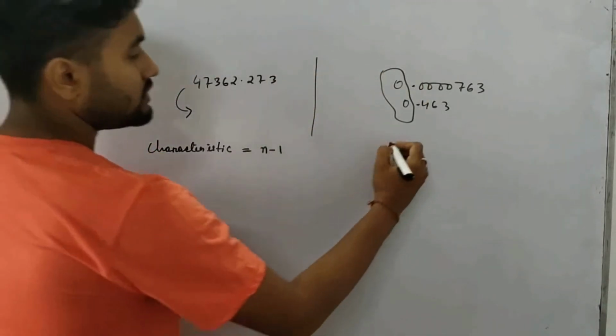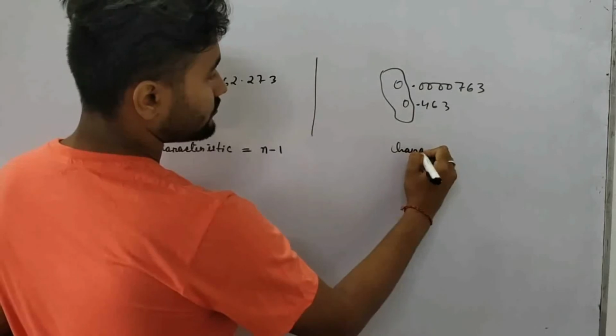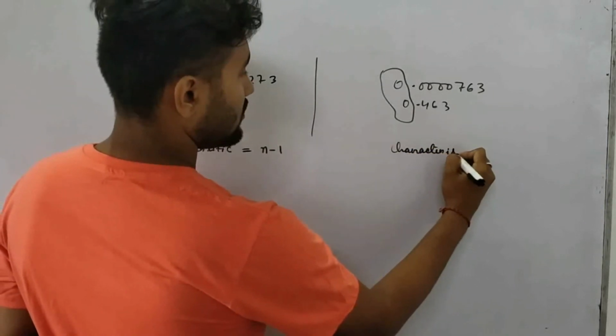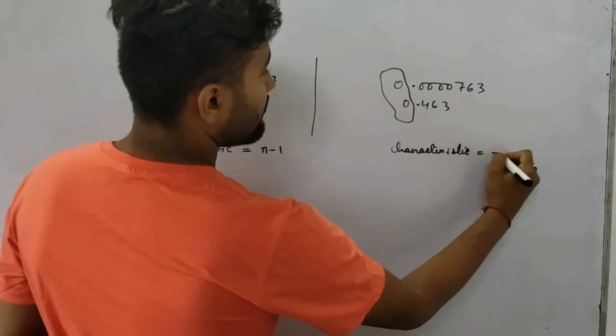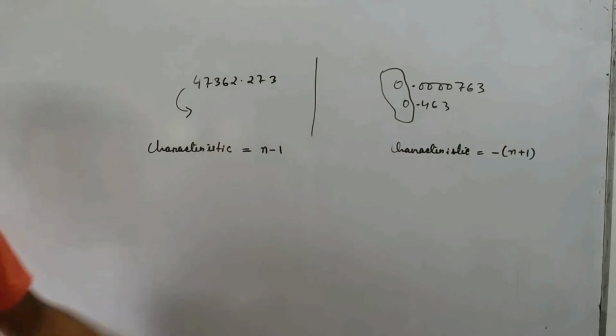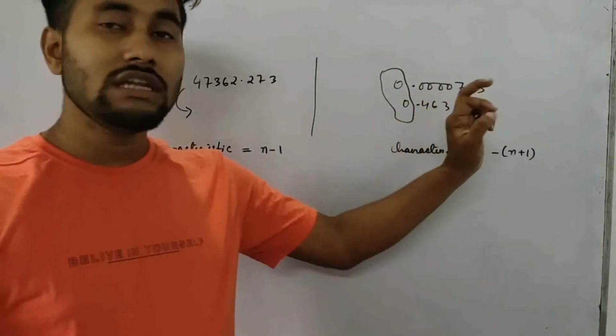And in such numbers where there is no integer part and only the decimal portion is there, the characteristic formula is minus of n plus 1. So what is this n? N is not the number of digits.